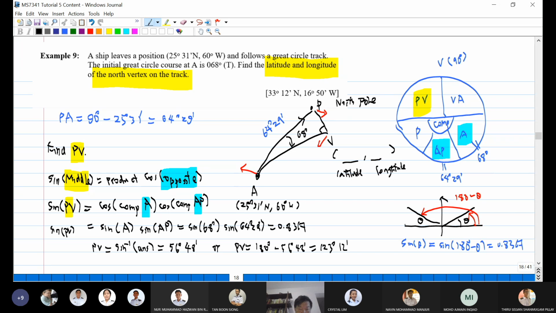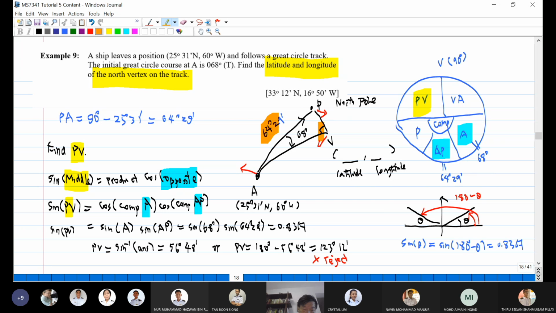Okay, so there are two possible answers, but this one we will reject here. Why do we reject here? Because 64 degrees 29 minutes corresponds to 90 degrees. So we know that these two correspond.